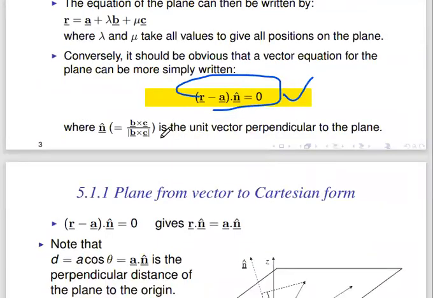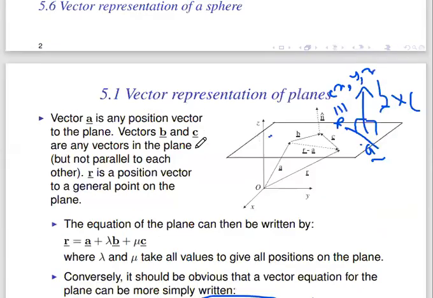Okay, so it is enough to find the normal vector, the perpendicular vector to the plane, right? If you are smart, you better find the unit normal vector by dividing by its magnitude.